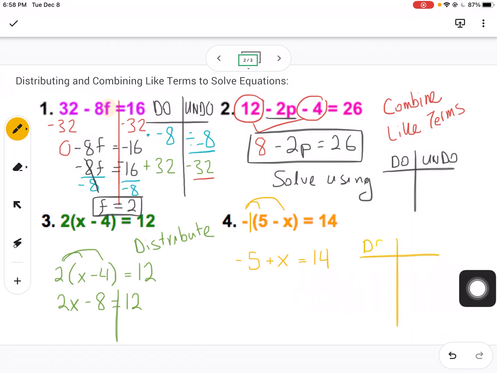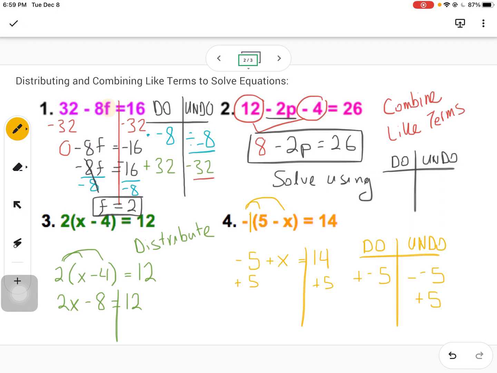So if I drew a do and undo table, all we're doing right now is adding -5. So to undo that, I would need to take away -5, which is the same as adding +5. So I could add 5 to both sides. I would get x equals 19. And 19 plus -5 is 14. So it checks out.